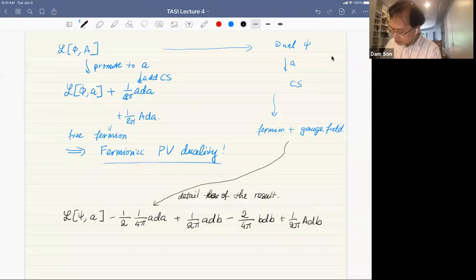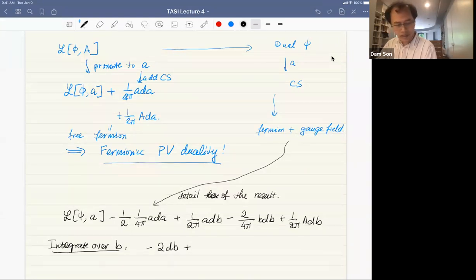So then here is the subtle step, integrating over B. The equation of motion that we get for B is minus 2dB plus dA plus dA equal to 0.